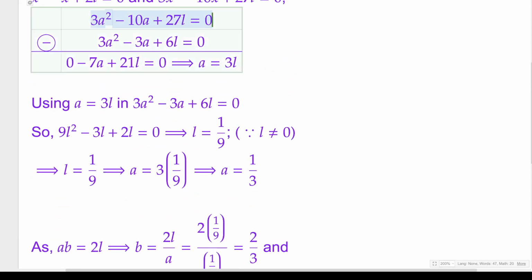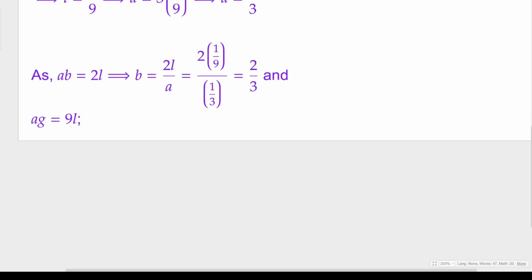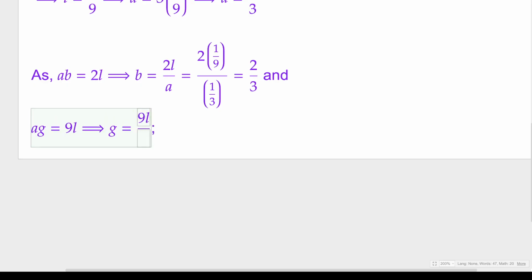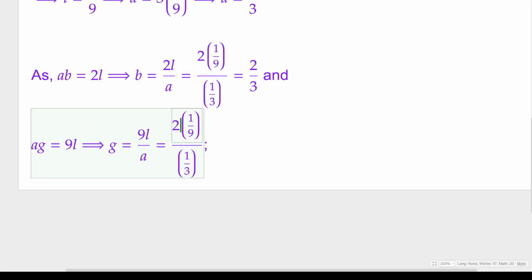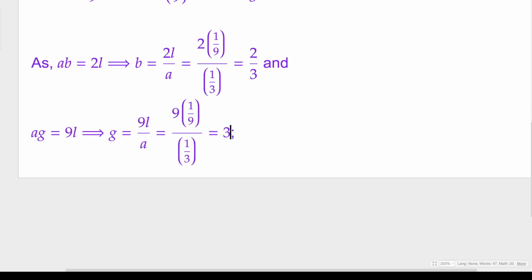Further, g is equal to 9 times l over a. If I substitute the values, l over a remains the same, only here I put 9, so this effectively becomes 3. So we got the value of the product a times g as well.